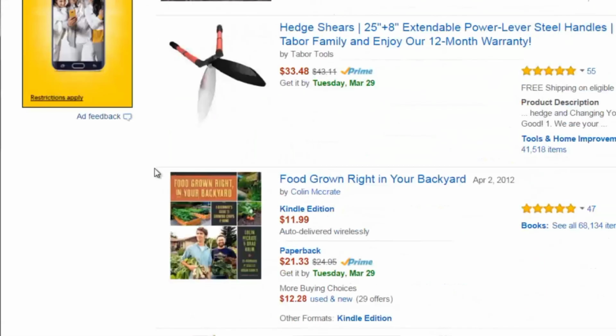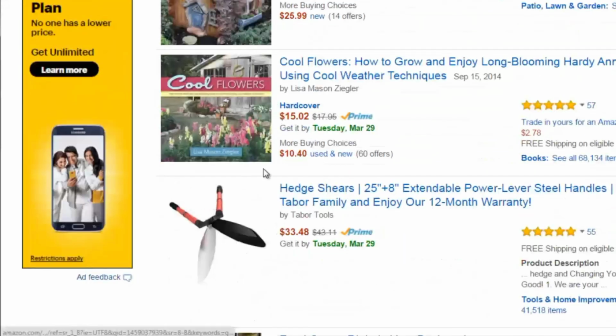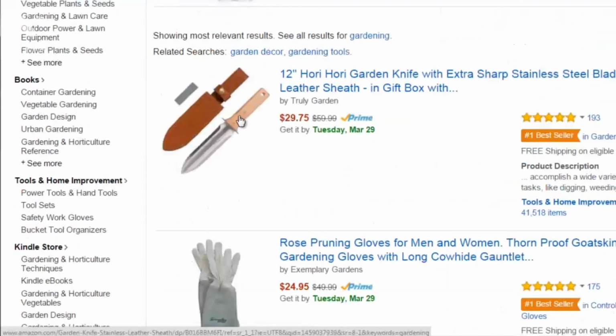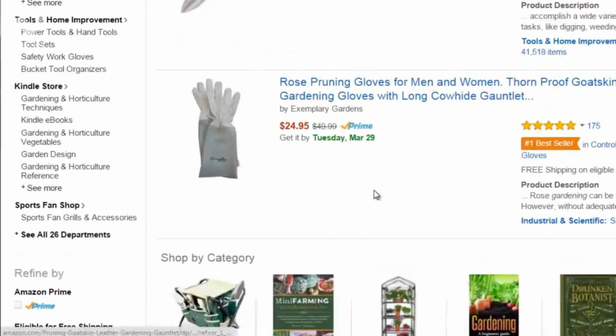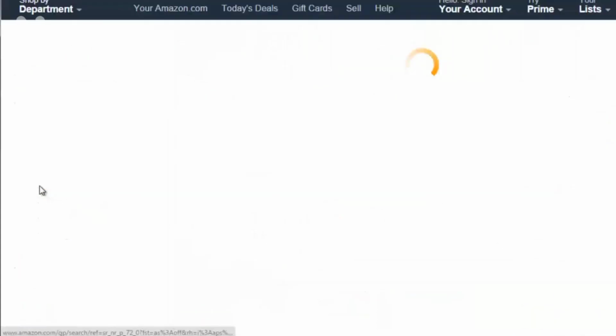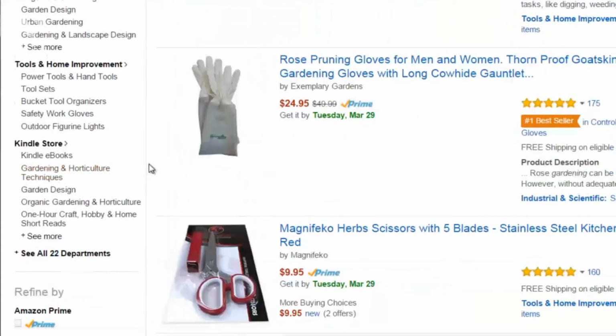So as we go through, we can see a lot of tools, hoe tools, garden knife tools, pruning gloves. And we could even click here to get an idea.